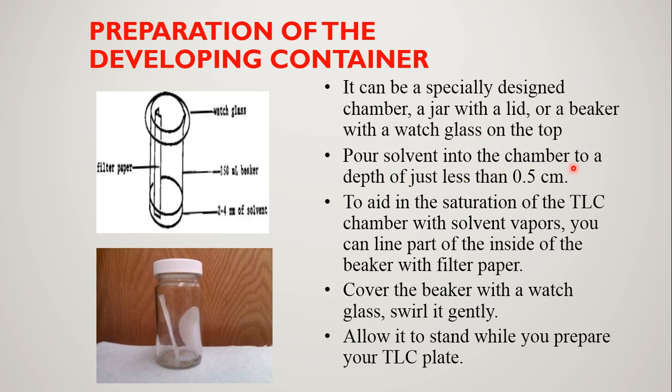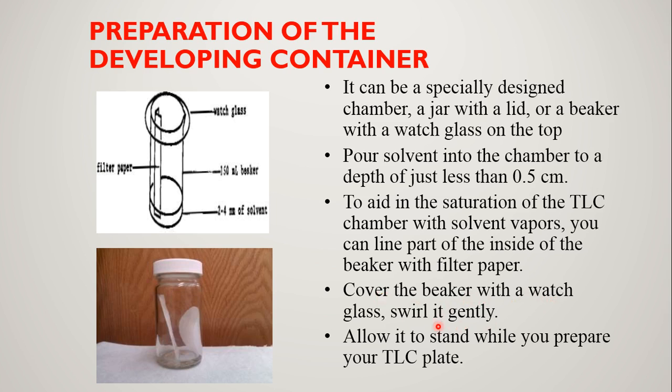Pour solvent into the chamber to a depth of just less than 0.5 centimeter, means a very low amount of solvent will be poured in this chamber, almost 0.5 centimeter from the bottom of the chamber. To aid in the saturation of the TLC chamber with solvent vapor, you can line part of the inside of the beaker with filter paper.